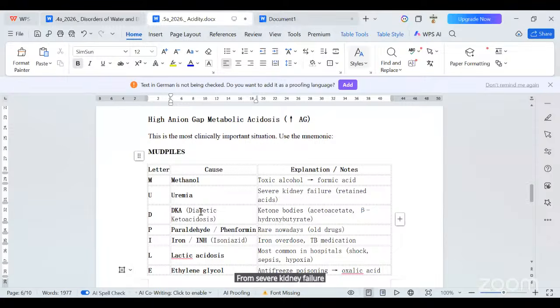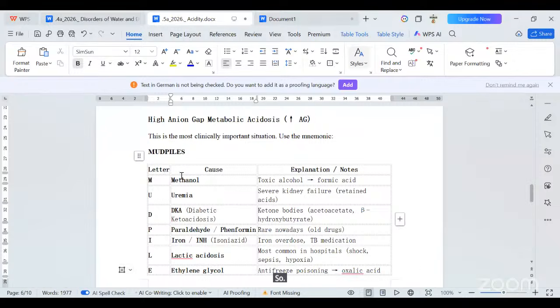D is diabetic ketoacidosis, which is a result of ketone bodies. When carbohydrate is absent, fat is converted to ketone bodies. But when the ketone bodies in the blood are too high, that's when you have DKA, diabetic ketoacidosis.